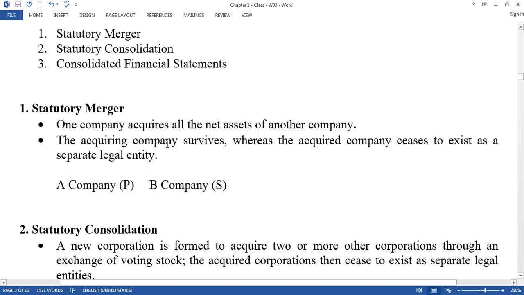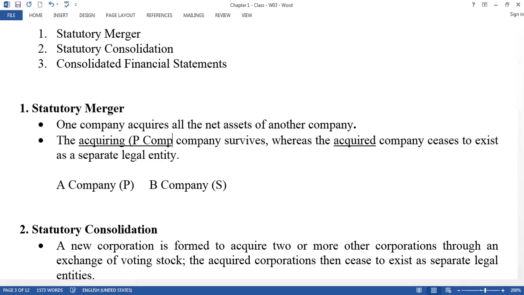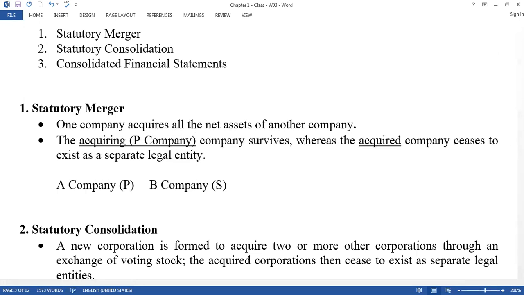The acquiring company survives. Now I told you from the very beginning, you should know what is the meaning of acquiring company. Can you remember what is the meaning of acquiring company and what is the meaning of acquired company? Acquiring means subsidiary or P? P, yes, P company. So the acquiring company survives.